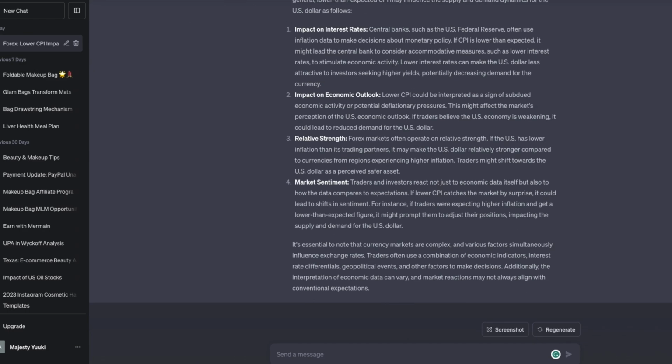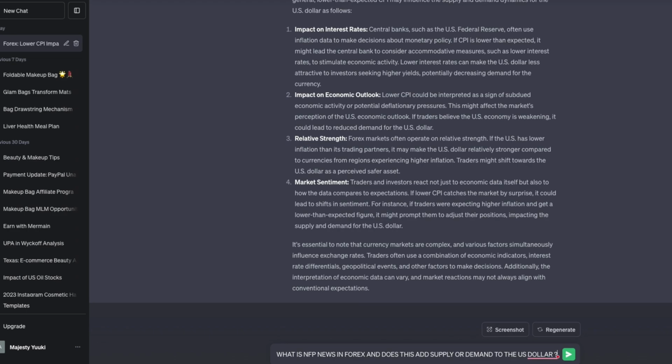But even here, you can just ask, what is NFP news in Forex? NFP is non-farm payrolls, by the way. And does this add supply or demand to the US dollar?